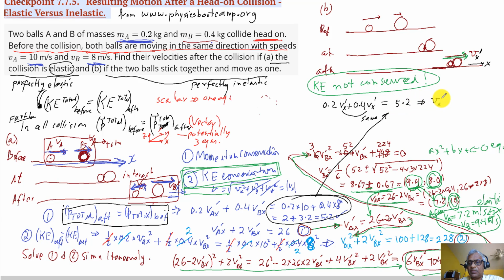So the common vx prime is just 5.2 divided by 0.6.